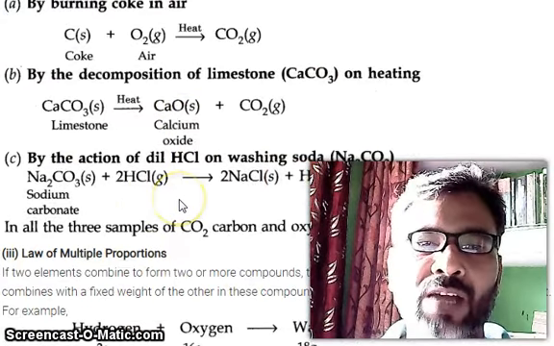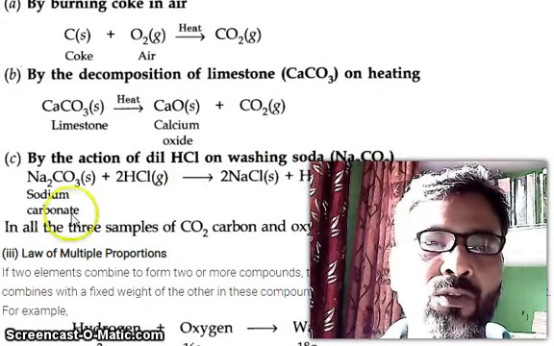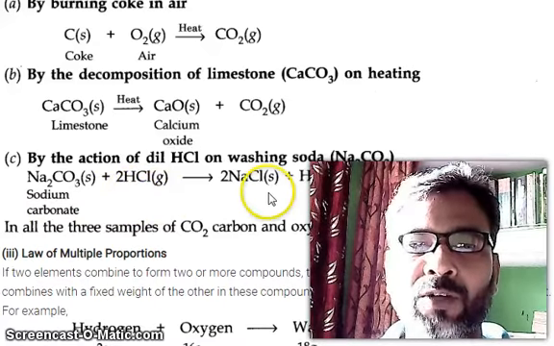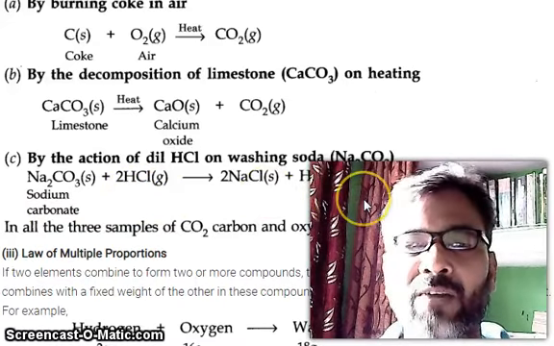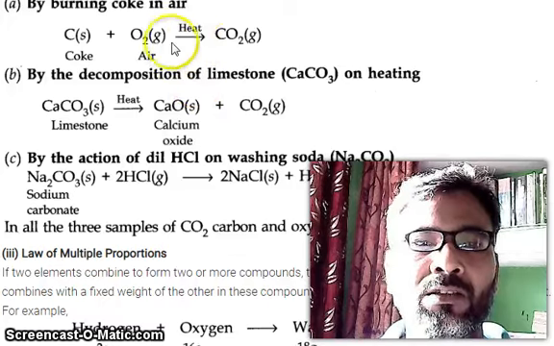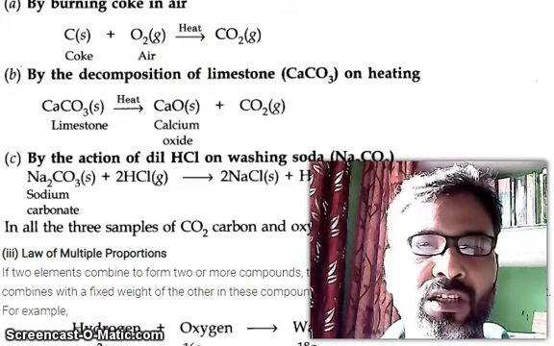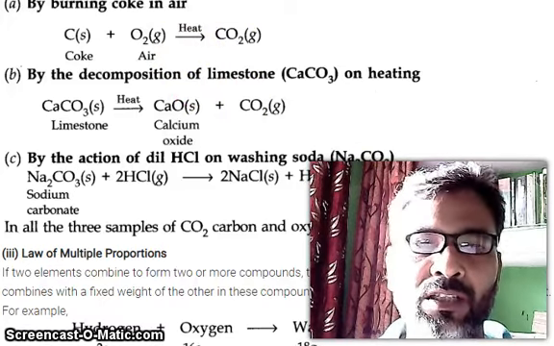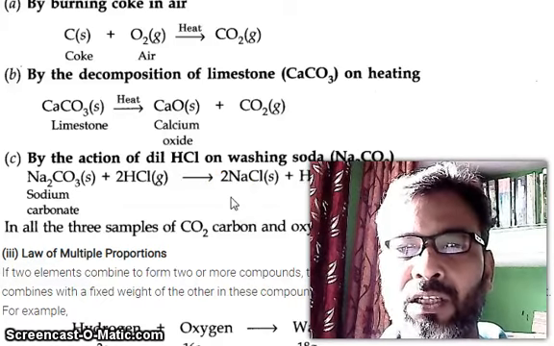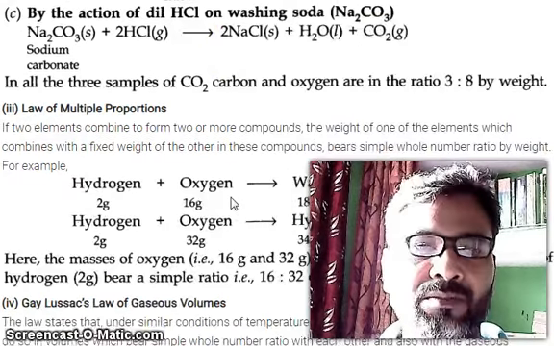By the action of dilute HCl on washing soda, sodium carbonate reacts with hydrochloric acid to give sodium chloride, water and carbon dioxide. So you see here, you get carbon dioxide from three different sources. In all three samples of carbon dioxide, carbon and oxygen are in the ratio 3:8 by weight.